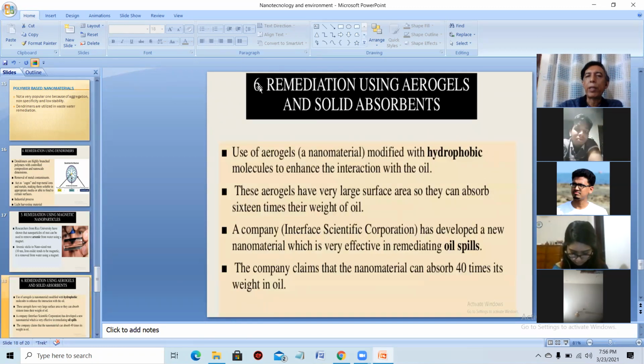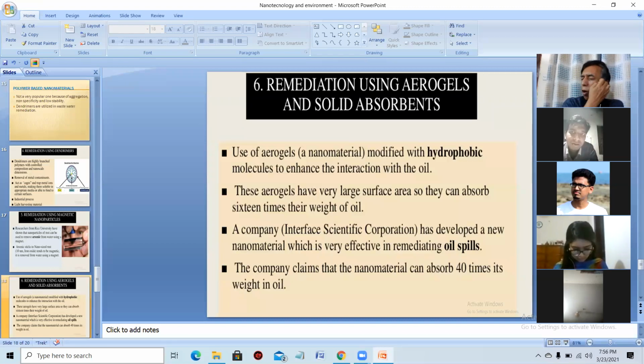And remediation using aerogels and solid absorbents. You know what an aerogel is? Aerogel is a type of gel which has a large surface area and a very high absorbing capacity.